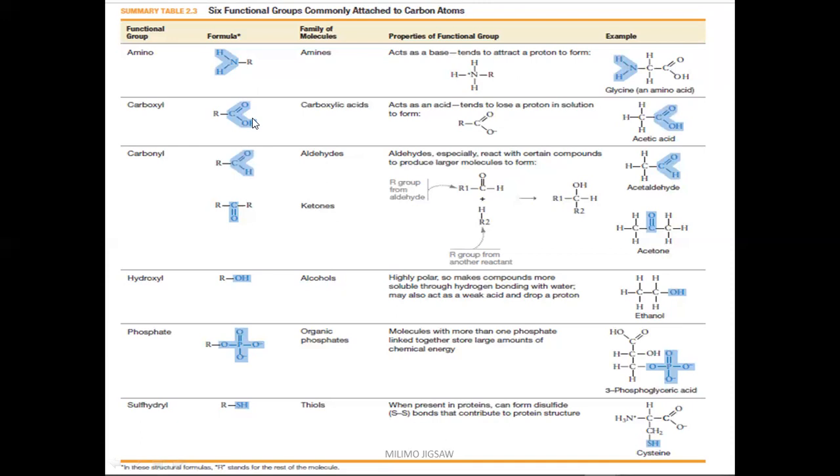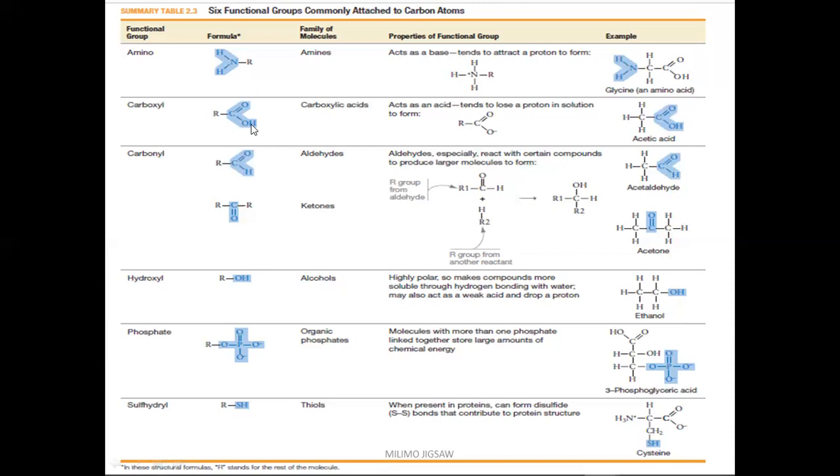So you have a carbon skeleton, with carbon joined covalently by a double bond to oxygen, and also joined to another oxygen atom by a single covalent bond, and that oxygen is joined to a hydrogen. That's a carboxyl group.